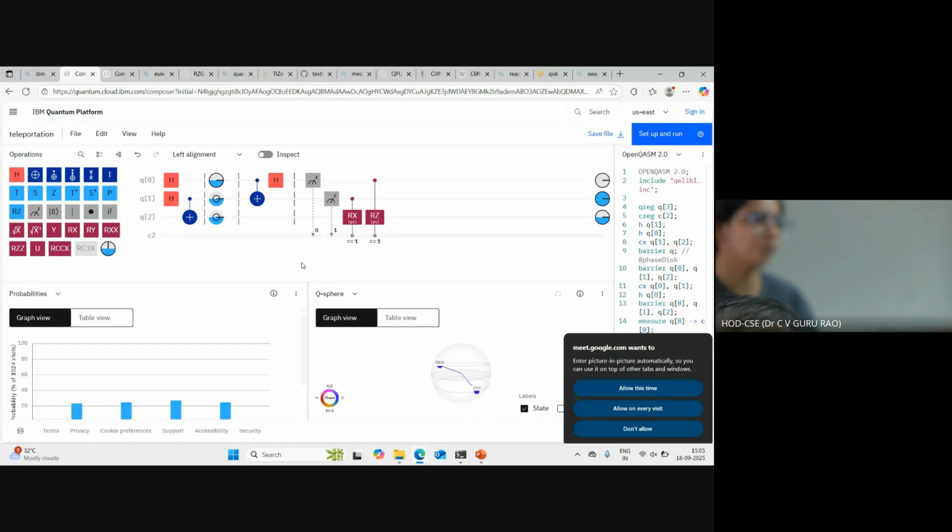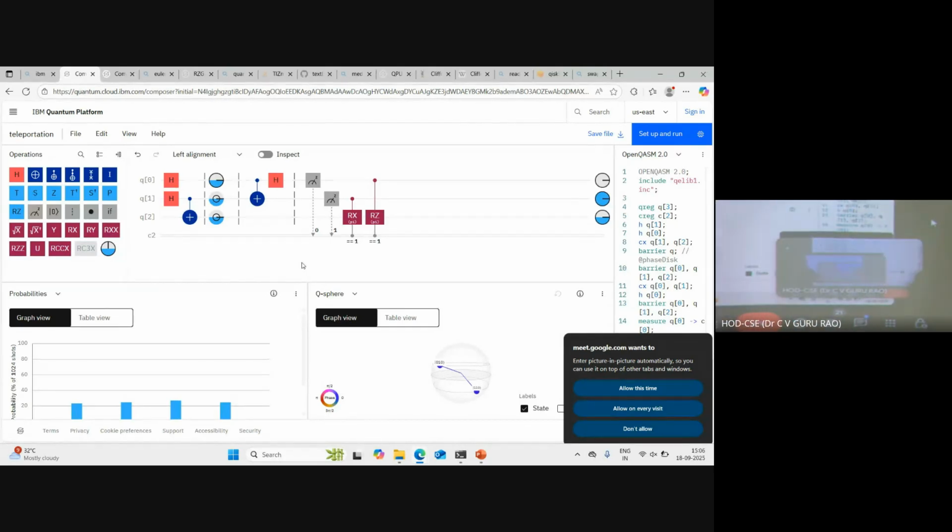Of course, whoever discovered it must have known that this kind of thing is going to happen. So Hadamard and C naught is basically for generating the entangled state. Now the source has to somehow send that information to the destination, so it will do some kind of operation.